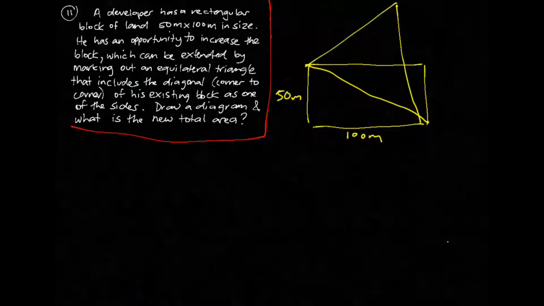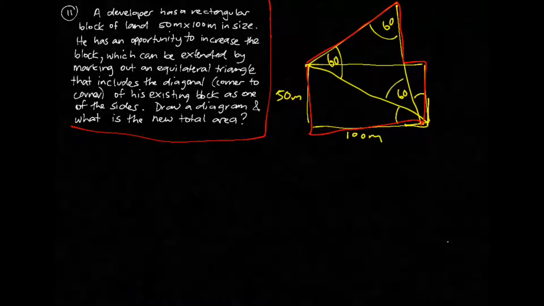Every angle is the same and they all add up to 180, so it's 60 degrees. Now, we can also find this angle here, and this angle here, because we know that this is a 90 degree angle. So the area that we're working out is this total area.